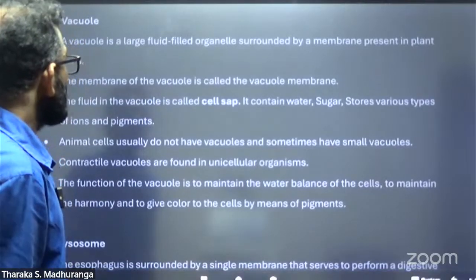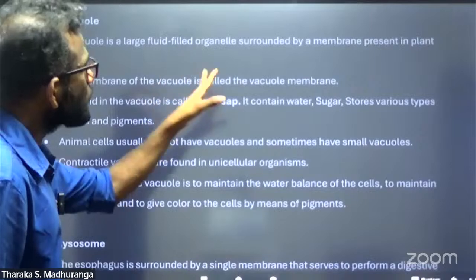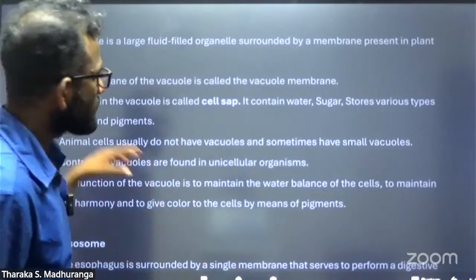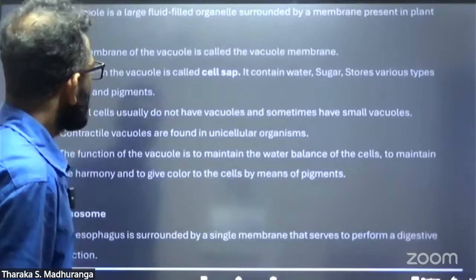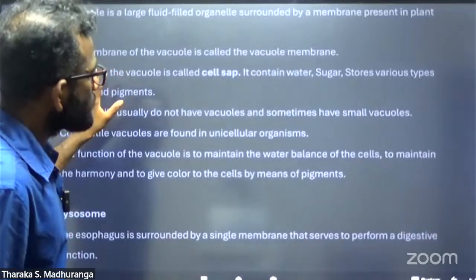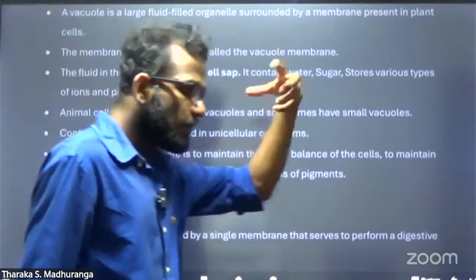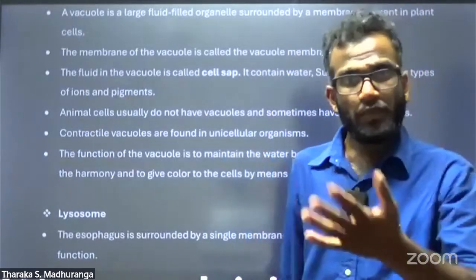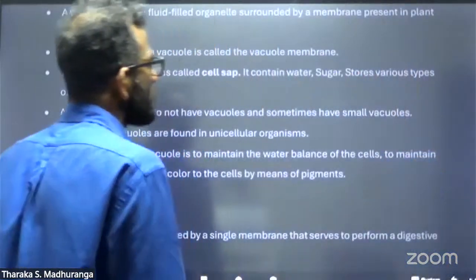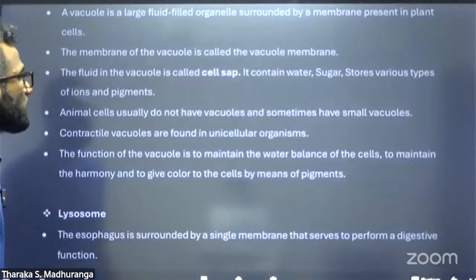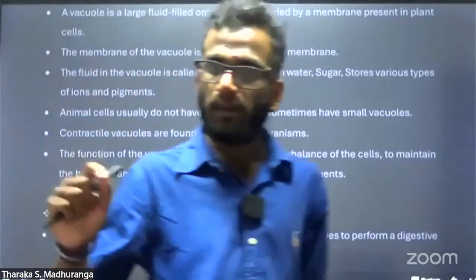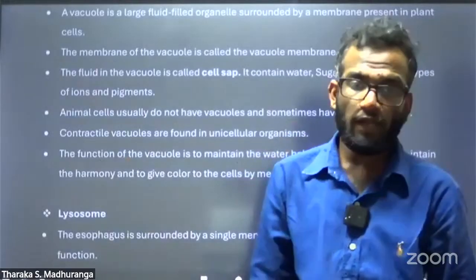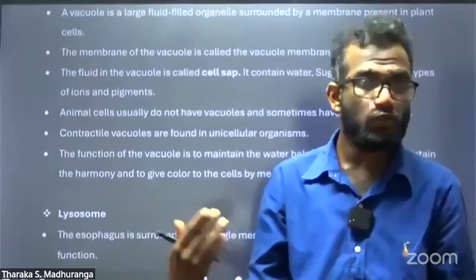The membrane of the vacuole is called the vacuole membrane. Inside the vacuoles, extra sugar, water, and various pigments and organic compounds are stored for later usage.